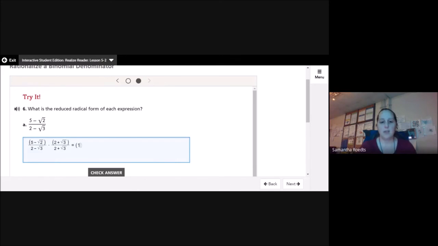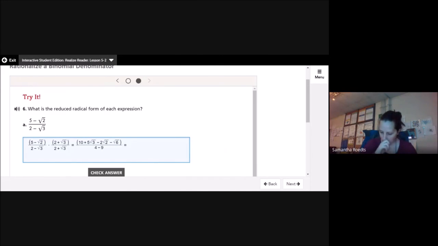All right, this gives me 10 plus 5 square root of 3 minus 2 square root of 2 minus the square root of 6 over 4, and the square root of 3 times the square root of 3 is 3, so minus 3.